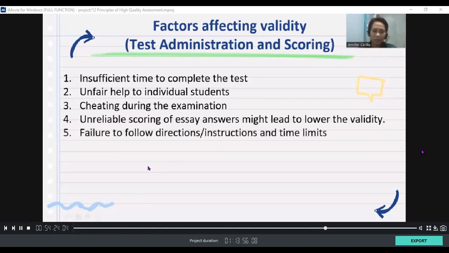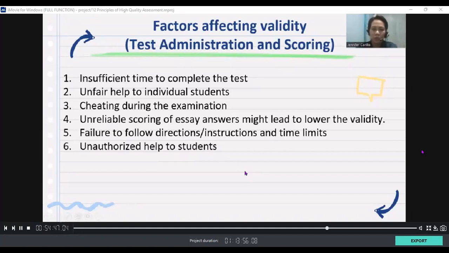5. Failure to follow directions and instruction and time limits. Okay, so when they do not follow instructions, like underlining instead of circling, circling instead of shading, or going overtime, we avoid that.